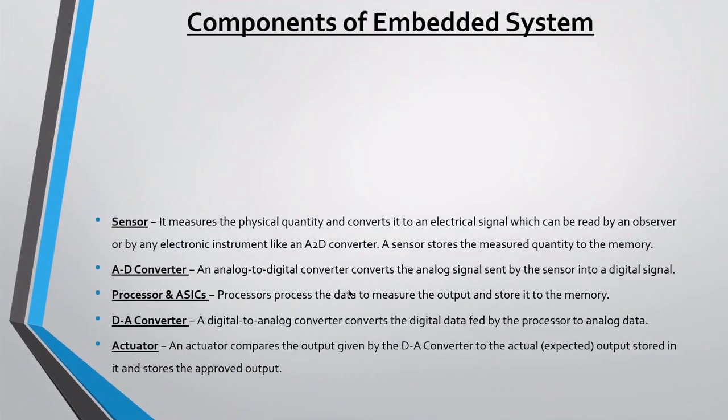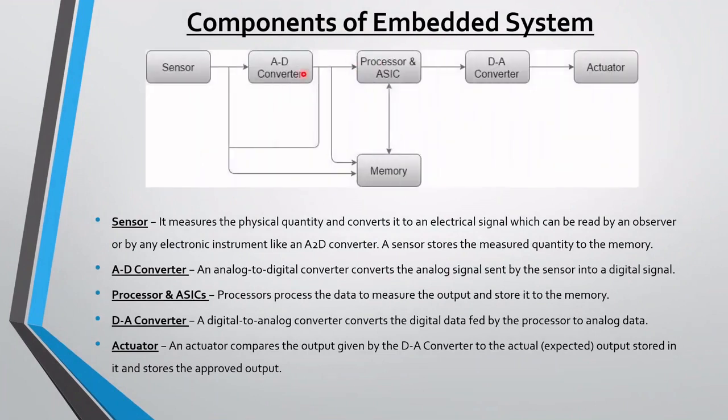Next topic is components of embedded system. The embedded system consists of sensors, A to D converter, that is analog to digital converter, processor, digital to analog converter, and actuator. Sensor: it measures the physical quantity and converts it to an electrical signal which can be read by an observer or by any electronic instrument like an A to D converter. Analog to digital converter: it converts the analog signal sent by the sensor into a digital signal.